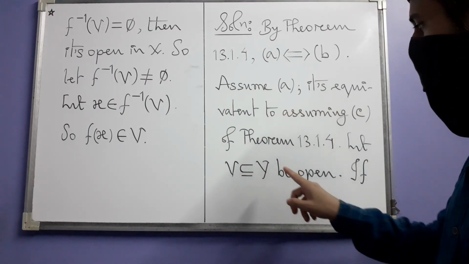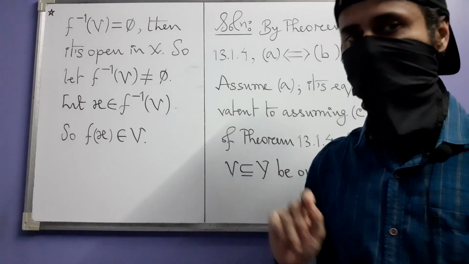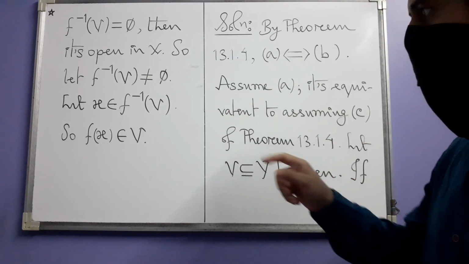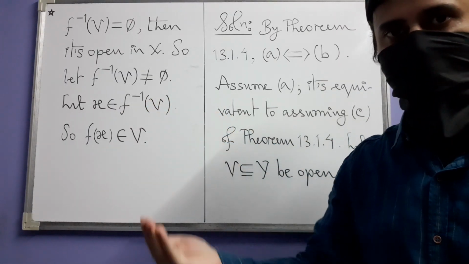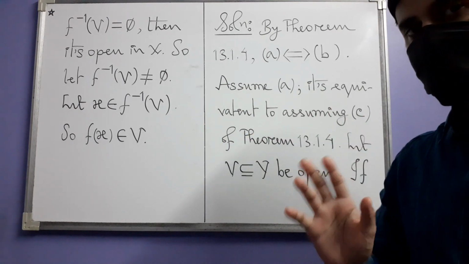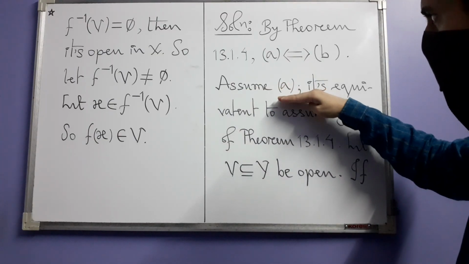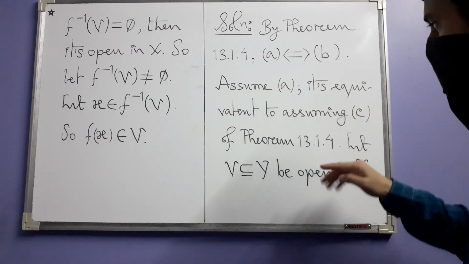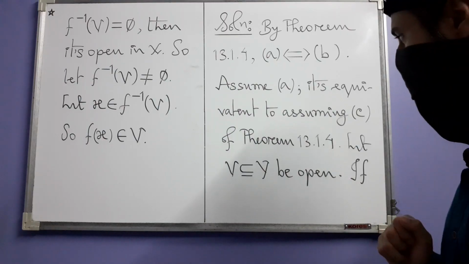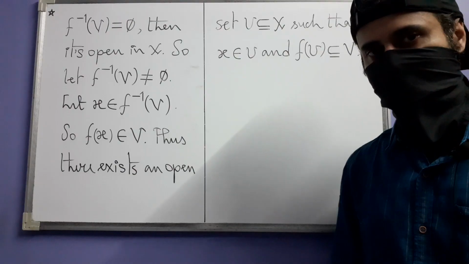That is, if there is an open set V in Y containing f of some point, then there exists an open set U in X containing that point such that f of U is contained in V. Now we have to use that. And why is it justified that we can use that? That is because we have assumed A, so we have the point version of statement C from the previous theorem, theorem 13.1.4, for that point x. So we write just that.